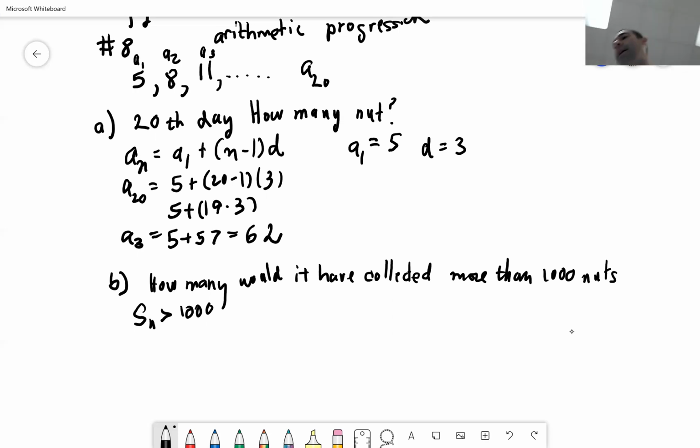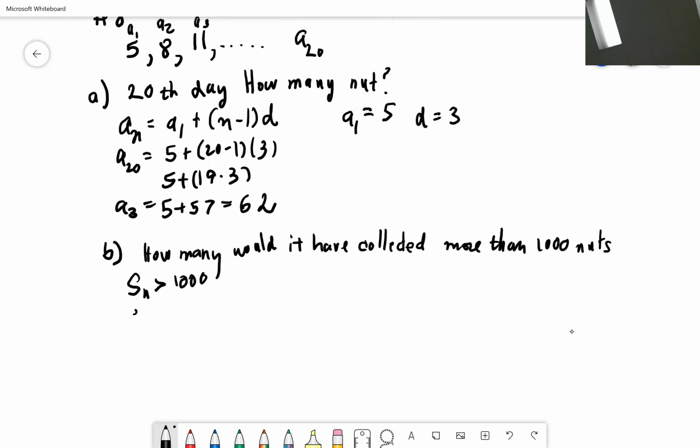So you have S of n equals half n times twice the first term plus n minus 1 times d, if I'm not mistaken. And so what you do is you're going to go ahead and try to figure out what n happens.